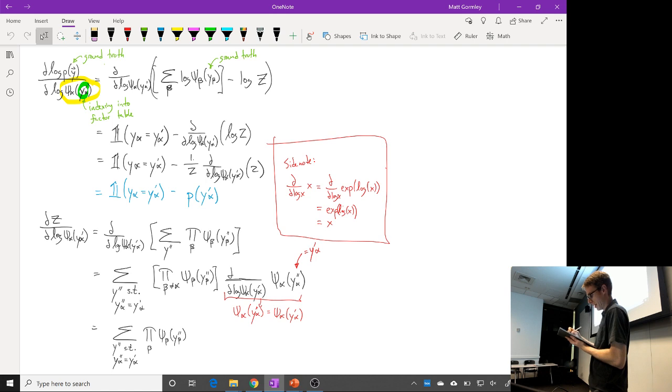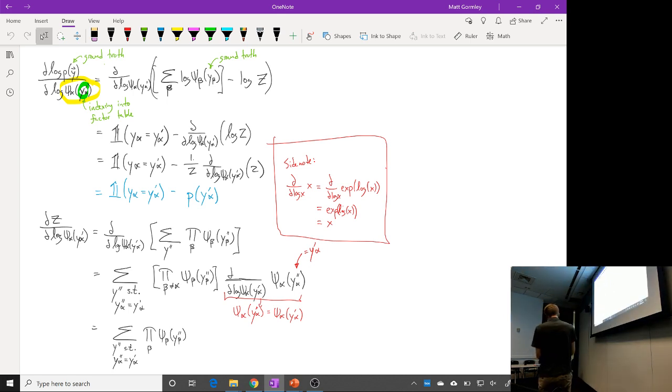But if we wanted to write out, say, p of y, then what we would have is that the probability of y is a product over all, say, factors beta, where we take the product of each psi beta of y beta, and divide the whole thing by z.